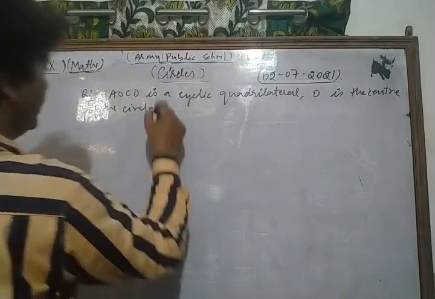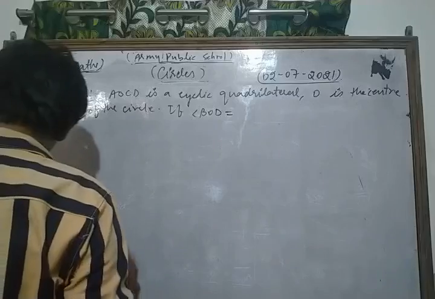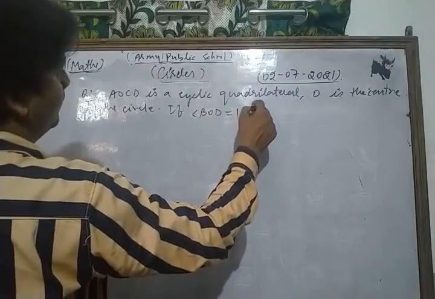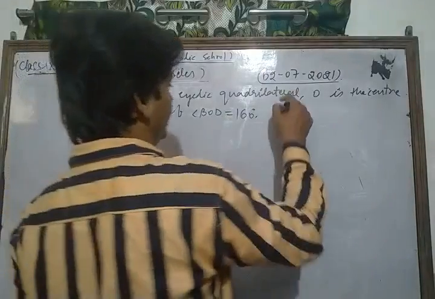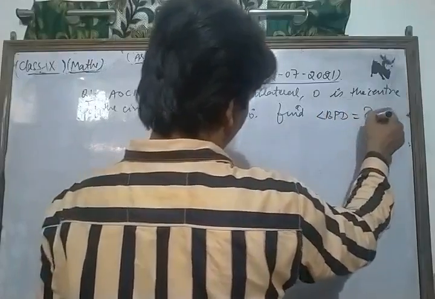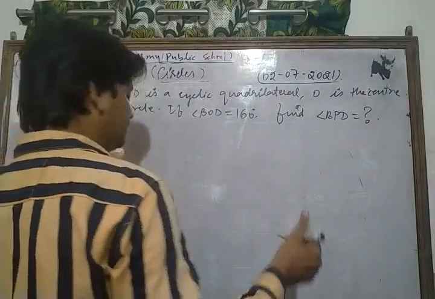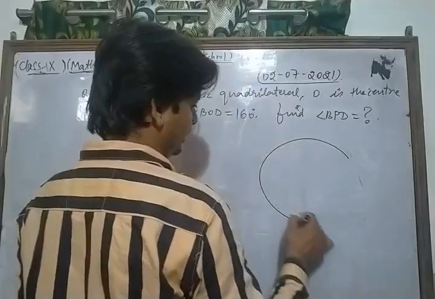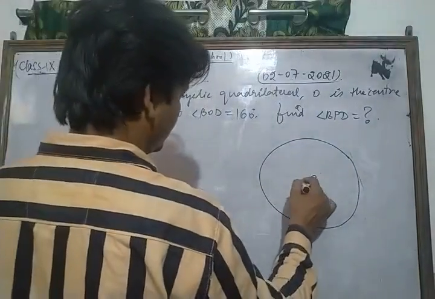If angle BOD is equal to 160 degrees, find angle BPD. The figure is given in our question, where O is the center.